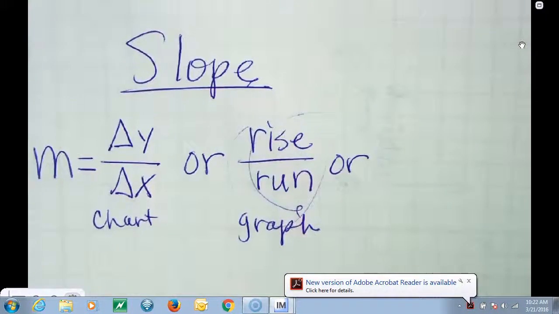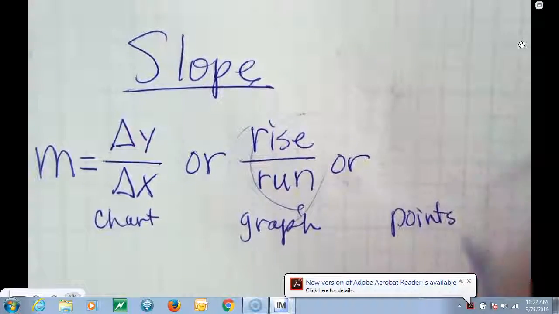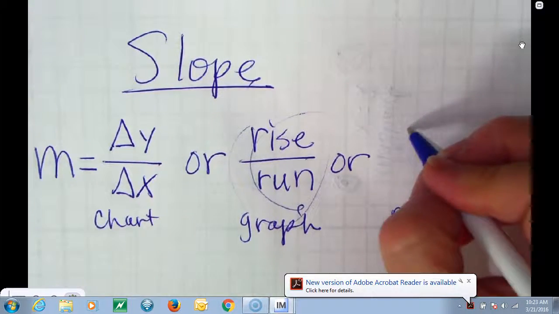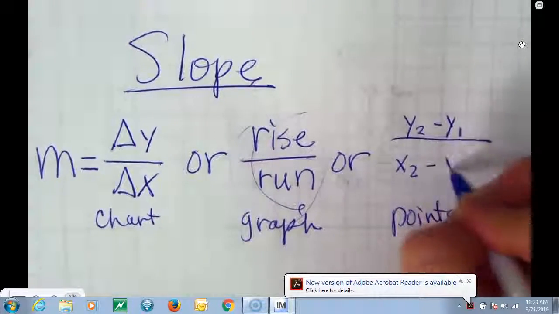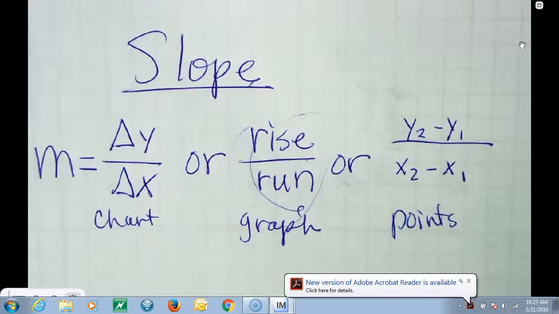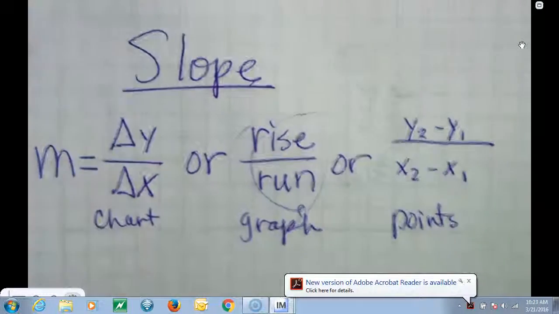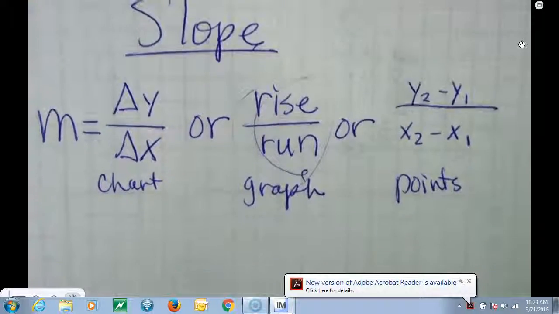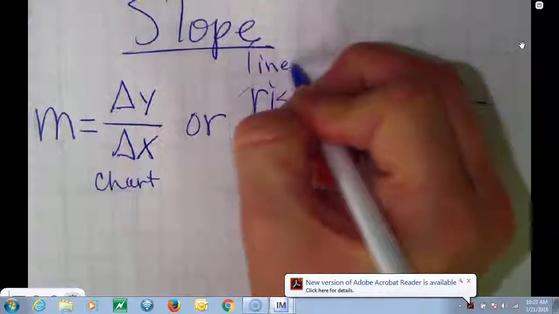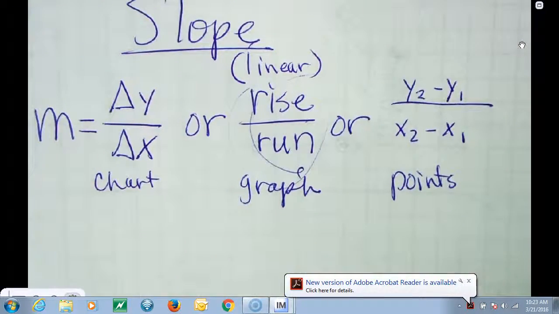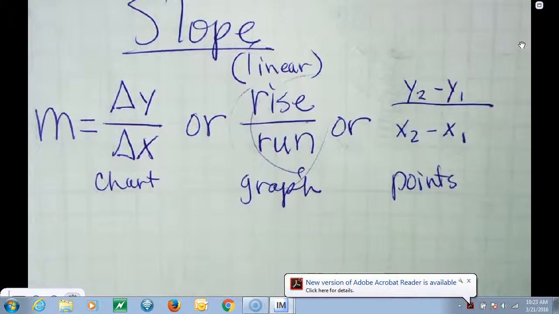Or if I have 2 points, I would do what? y2 minus y1 over x2 minus x1. Yeah, we worked on that. Subtracting your points. We're about to practice on it. So there's 3 ways to get slope, the rate of change, which tells you if it's linear. This tells you if it's linear. Or if it's linear, you know it has a slope, a rate of change.